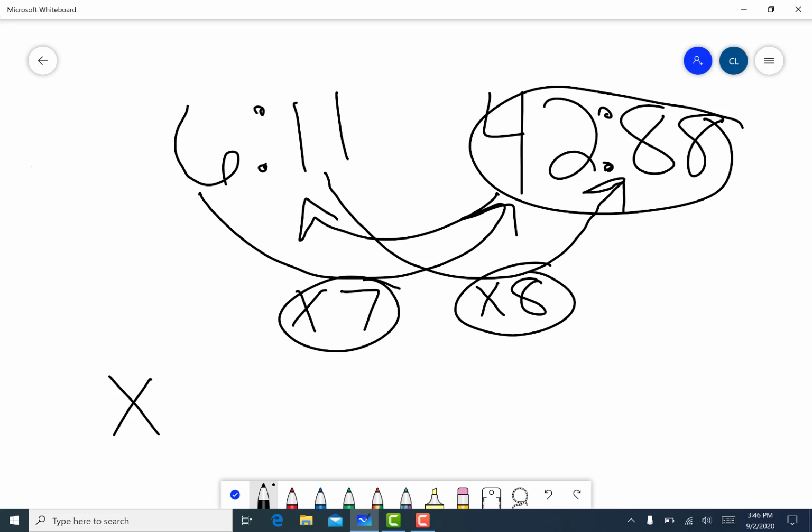We'd only really need to change one number. So think about the 88. What can we change that 88 to make it an equivalent ratio?